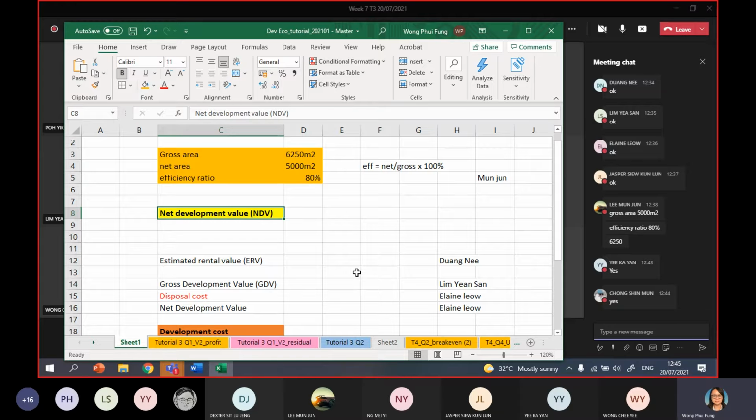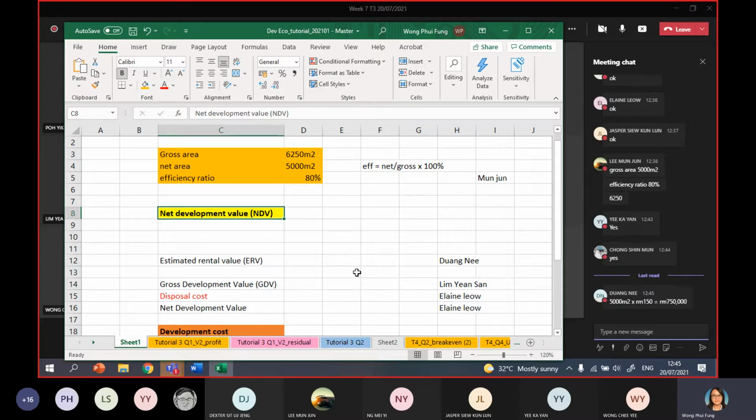Tuang Ni, are you ready? Any problem you face? Okay, very good. So remember, when you calculate the income, the rental, you should use net lettable area. Don't use gross area. The first mistake students always make is using gross area instead of net area. So you should use net area, which is 5,000.